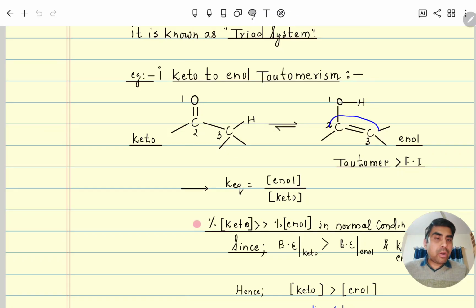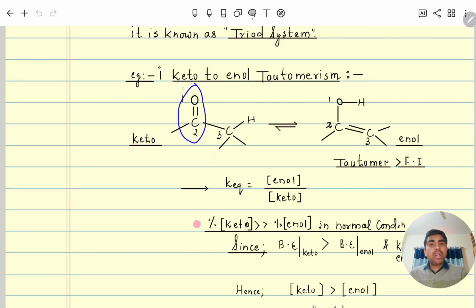Carbon-carbon double bond strength is relatively less as compared to carbon-oxygen double bond. So keto percentage is more, so K equilibrium will be less than 1. This is one reason.